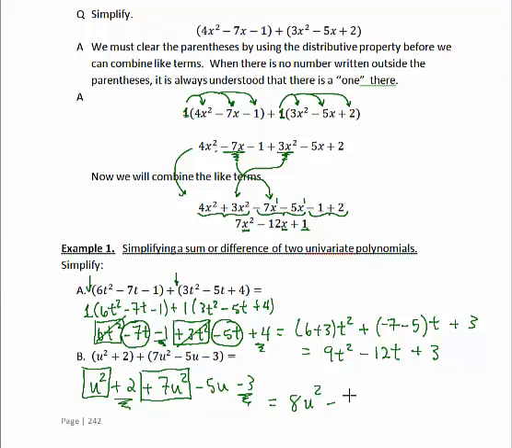Then we just simply write out the 5u beside that, and in the end we write our constant that comes from 2 minus 3, and we have a negative 1. So this would be our final answer. This polynomial is the simplified version of the sum of these original two.